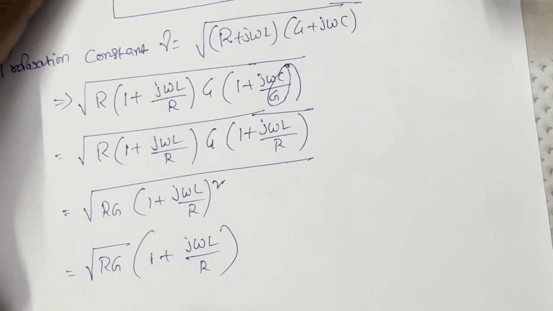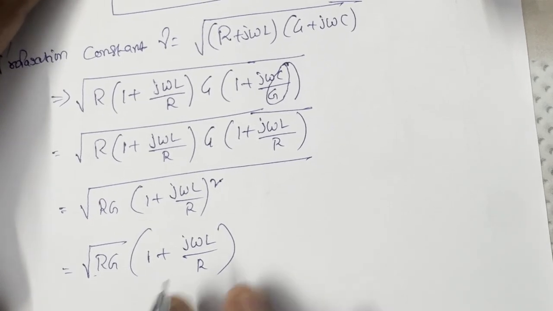Now I am multiplying this root RG internally.